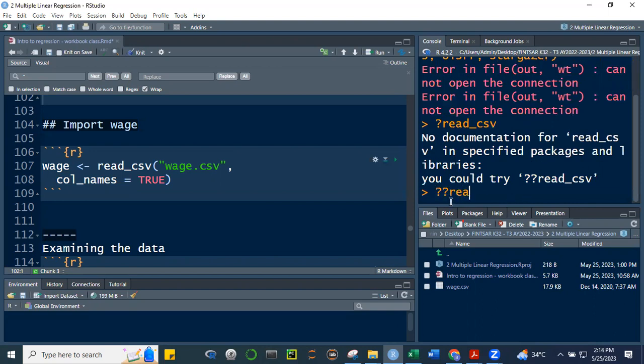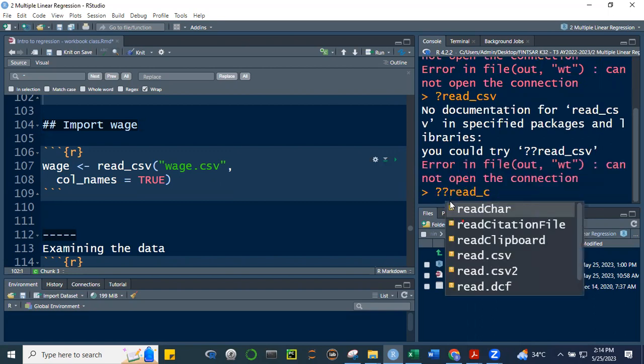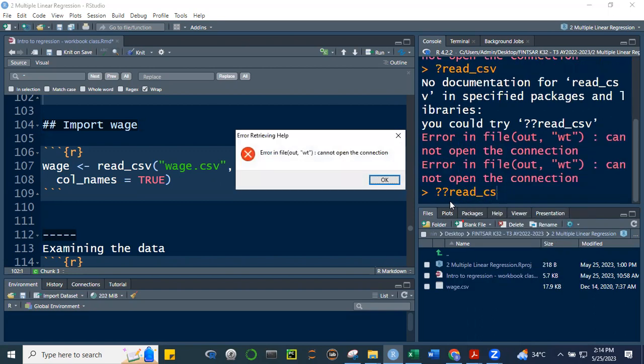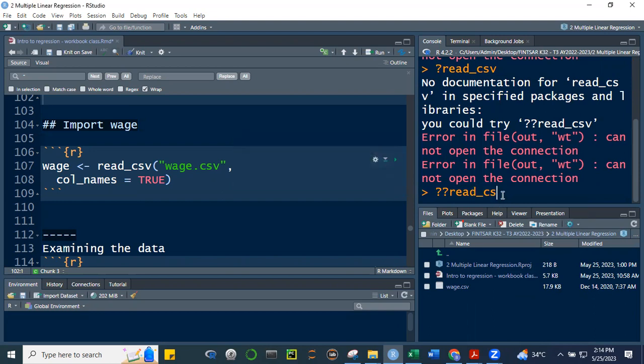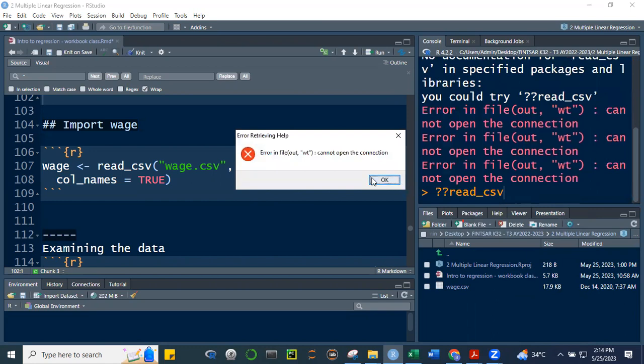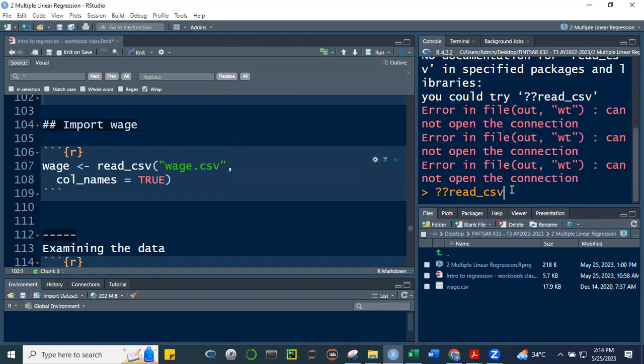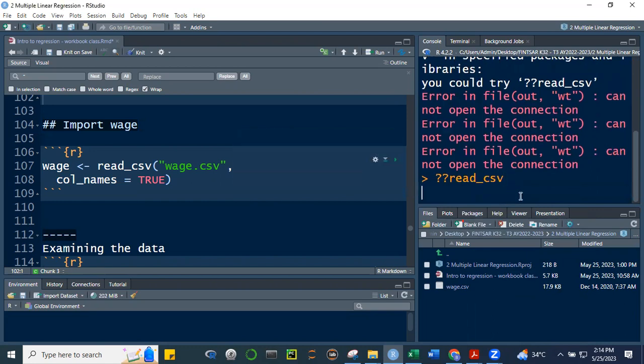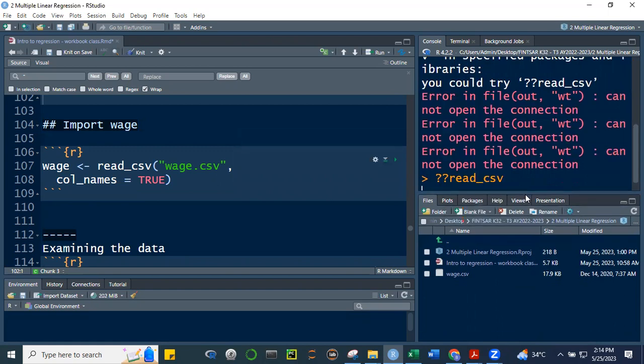Try double question mark, read underscore CSV. Okay. May problema na naman tong ano ko. Okay. Never mind. Paki-check nyo na lang, class.